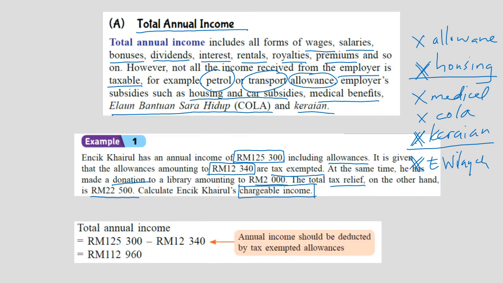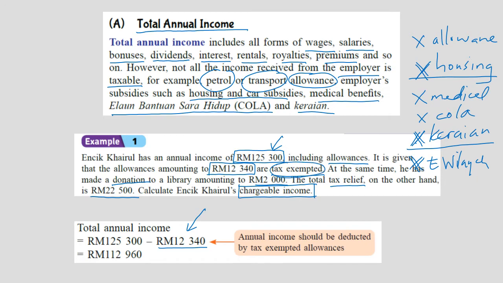Okay, so the total annual income is here, and then here are the allowances. You have to minus the allowances that are tax exempted.